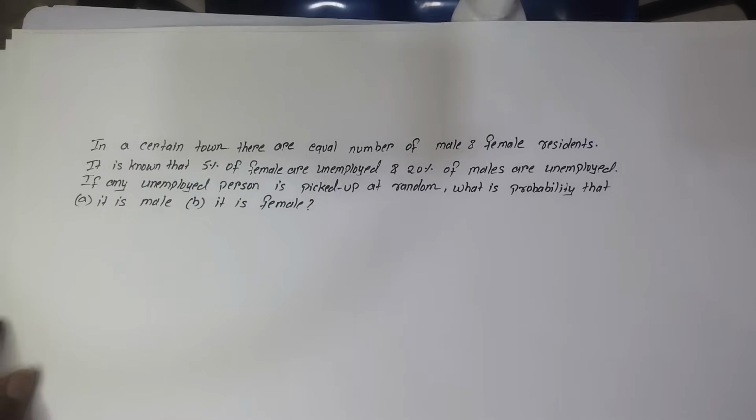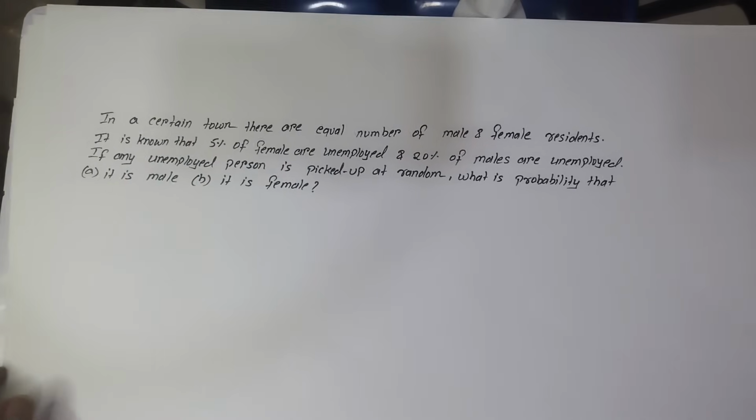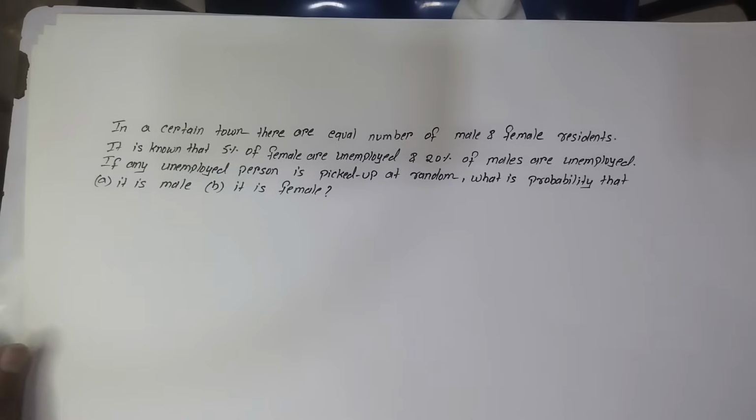This question says, in a certain town, there are an equal number of male and female residents. It is known that 5% of females are unemployed and 20% of males are unemployed. If an unemployed person is picked at random, what is the probability that it is a male or a female?